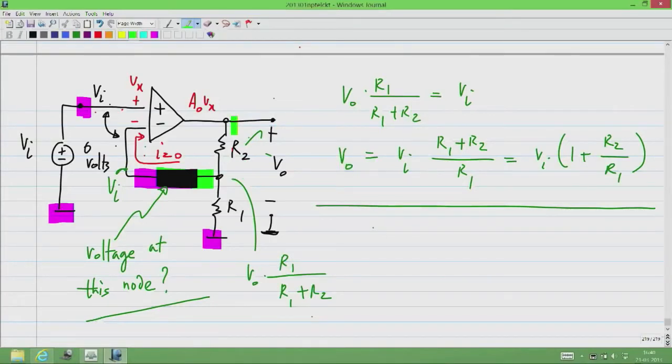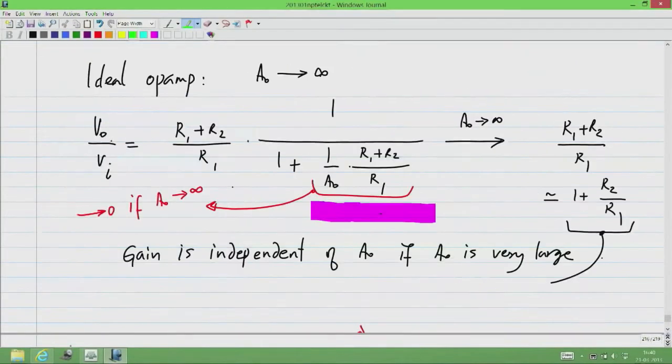So by manipulating this, we see that the output is input times some gain, which is 1 plus R2 by R1. Okay, and that 1 plus R2 by R1 is exactly the gain we derived when A0 is very large. So when the op-amp is ideal, you can use the shortcut to analyze the circuit. Is this okay? Any questions?